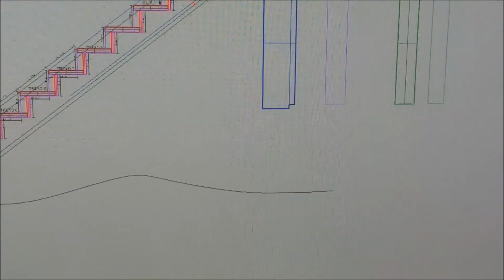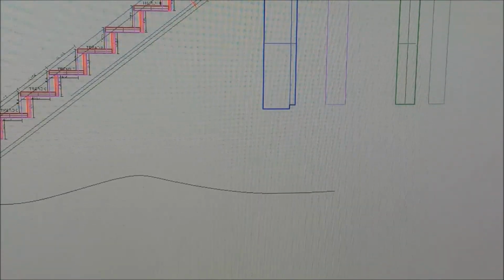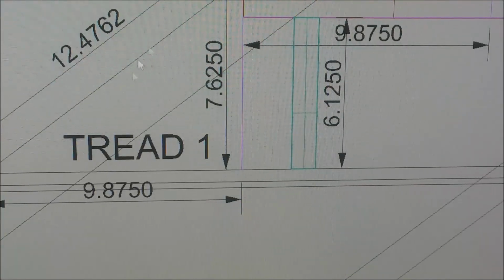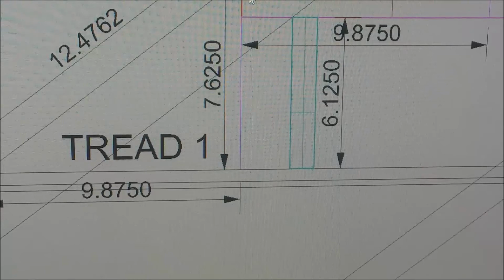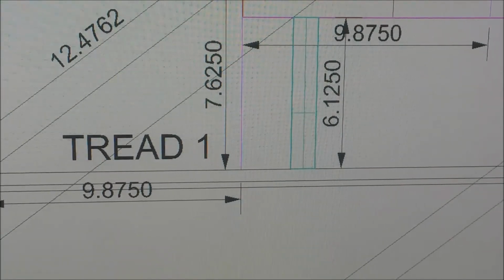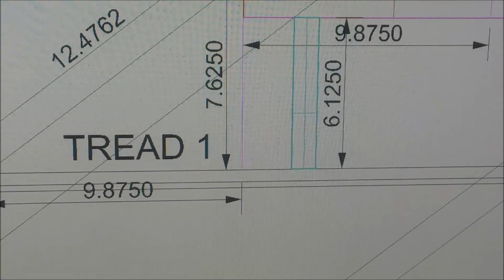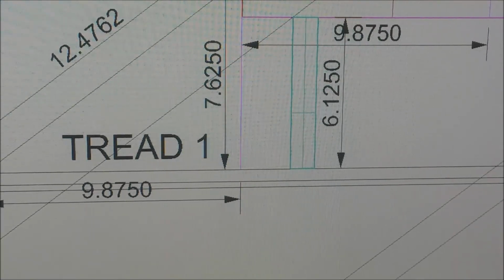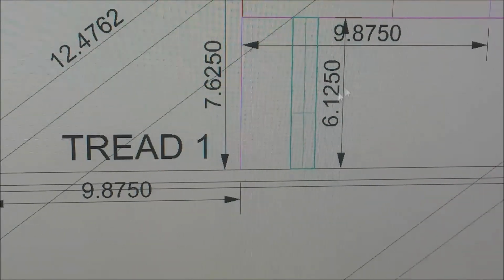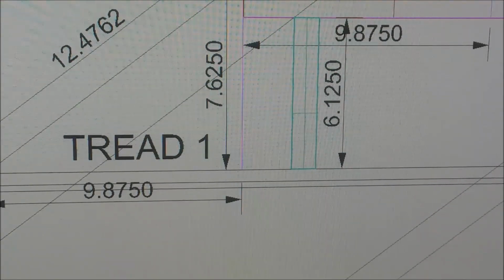So now we know how to figure the rise to make it all come out, which is the most important part of the thing. So when we figured it out, we know that this is the first spacer, and this is a riser board, and this is the next.